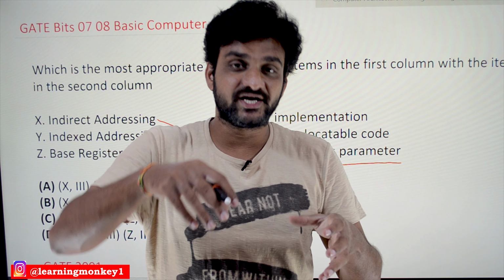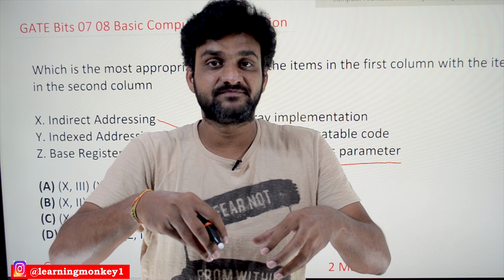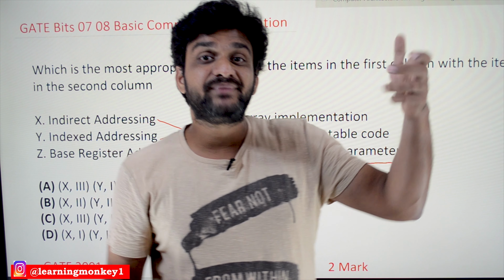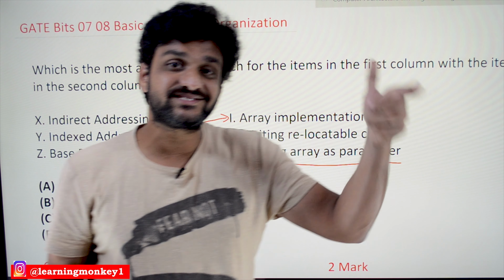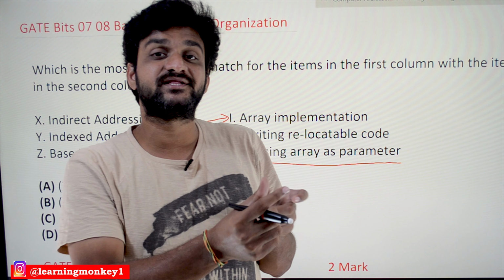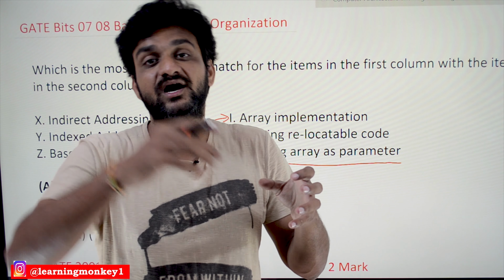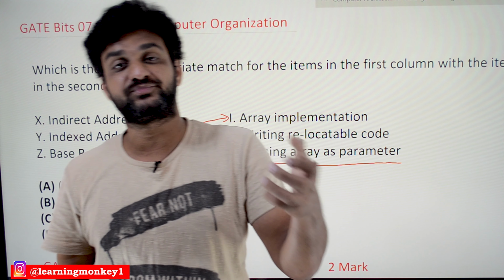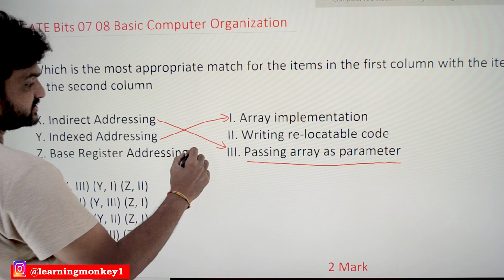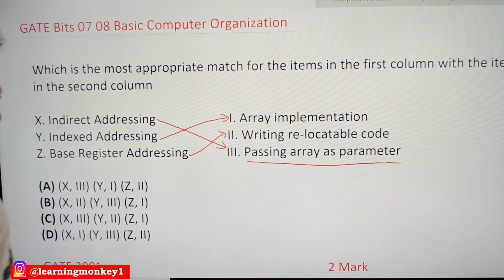When the program is relocated from one location to another, the base address is stored in the base register, and the relative address provided in the instruction is added to the base address so that we get the location where we have to jump to. So base register addressing mode is used for writing relocatable code.